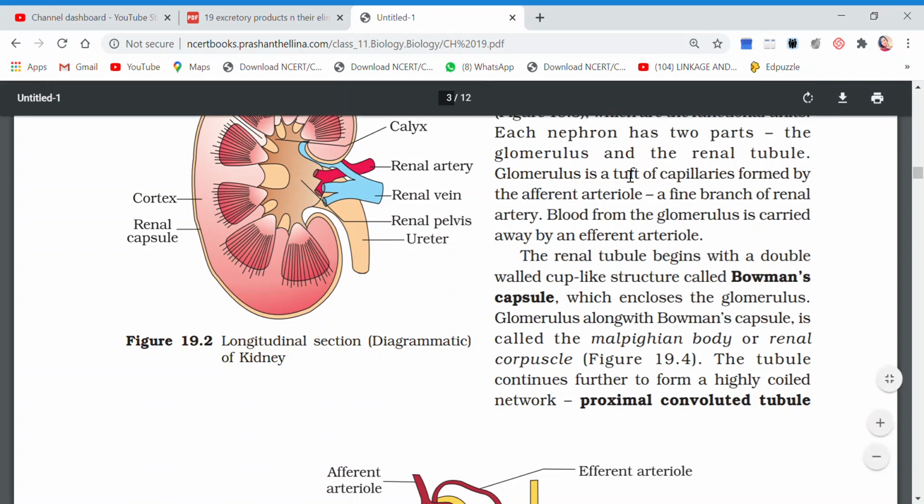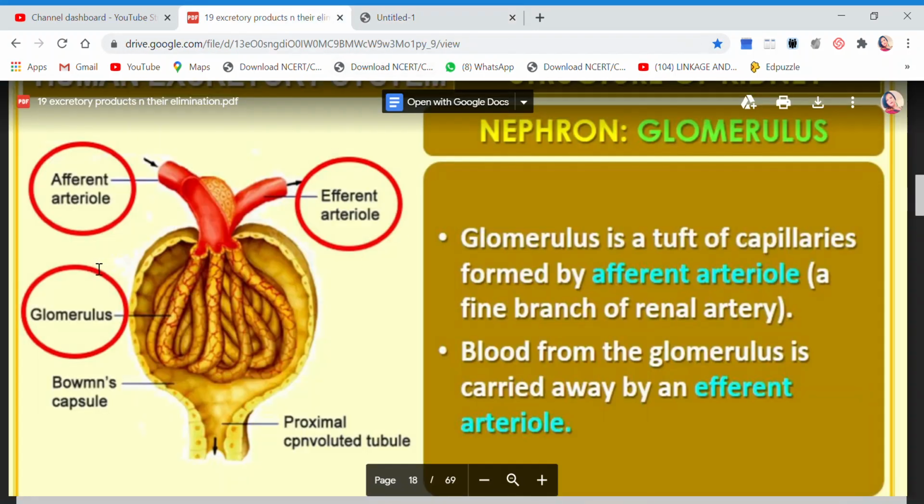These tufts of capillaries further continue into venules and veins which will carry the deoxygenated blood. Children, the afferent arteriole will bring in the oxygenated blood, and this blood from the afferent arteriole will move to the glomerulus.